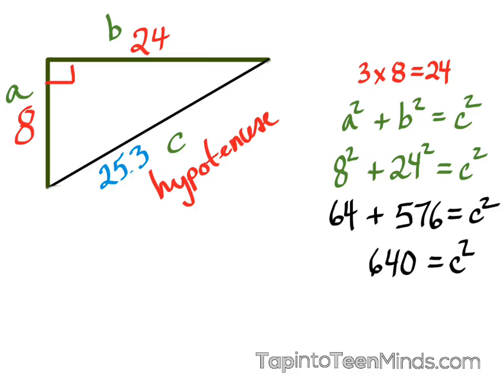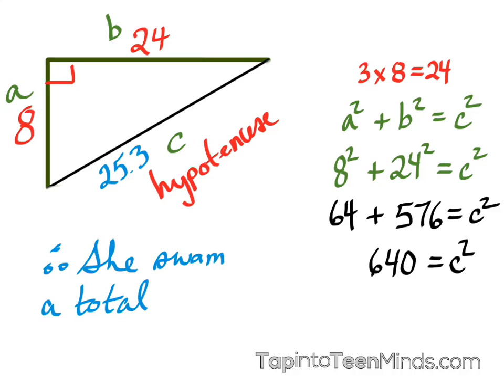So one way is 25.3. Going all the way back is going to add another 25.3. So therefore, she swam a total of how much, folks? What is it? 50.6 meters. Nicely done, folks.